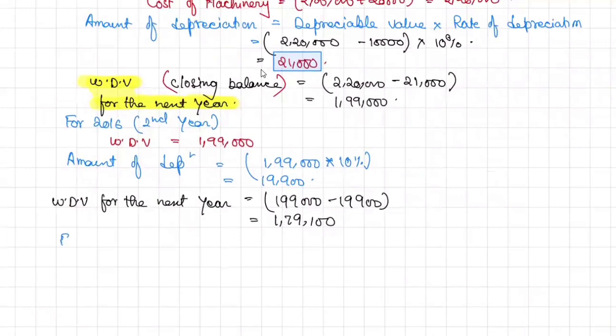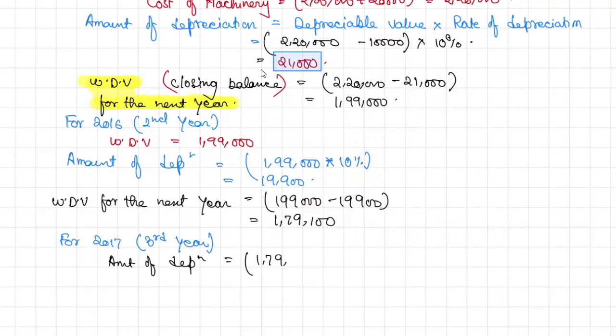For 2017, that is the third year, the amount of depreciation will be calculated on this WDV. So it is 1,79,100 into 10%, which will be 17,910.